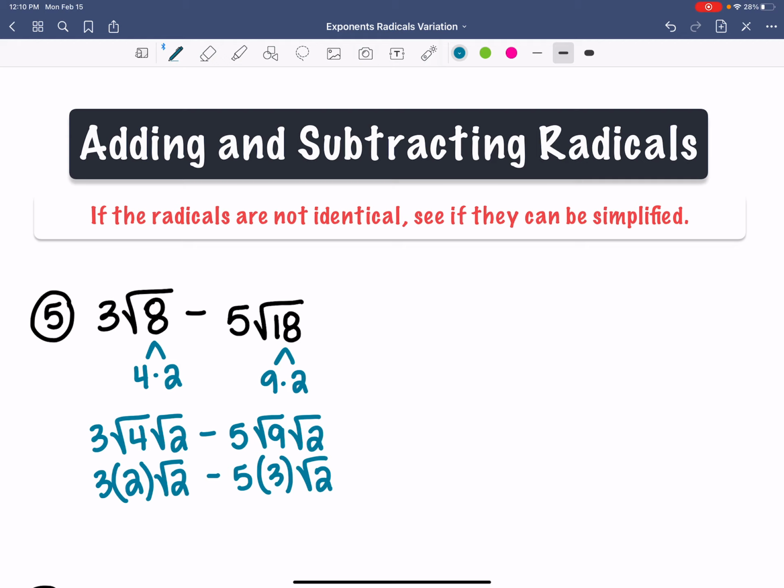And now we're going to simplify. So we're going to do that multiplication first. So 3 times 2 is 6, and 5 times 3 is 15. So now what we have is 2 identical radicals, and we can combine the coefficients. So this is going to be 6 minus 15, which is negative 9, and they have the common square root of 2.